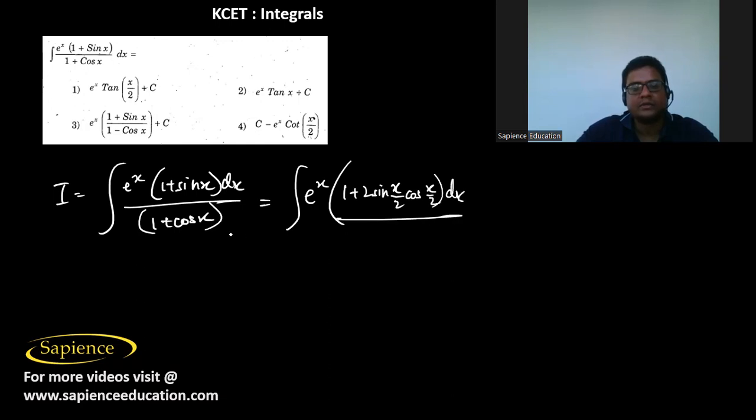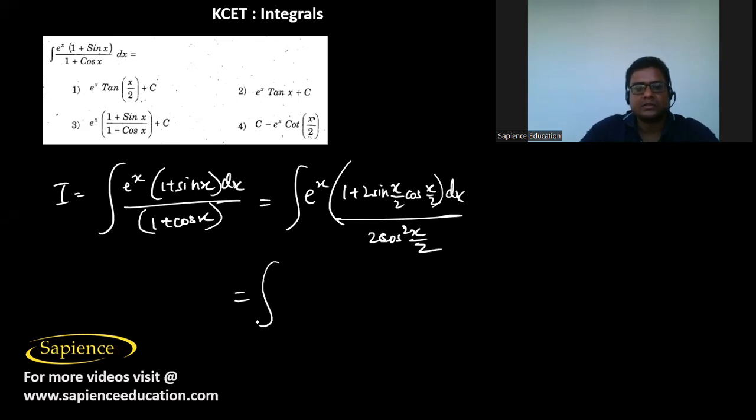Now we can write it as integral e power x, and this 1 plus sin x can be written as 1 plus 2 sin x by 2 into cos x by 2 into dx, divided by, 1 plus cos x is 2 cos square x by 2.